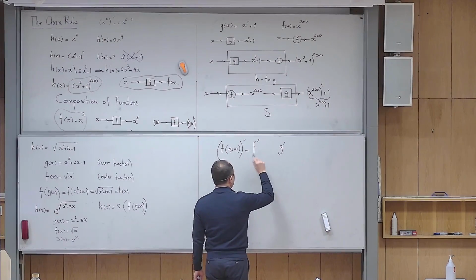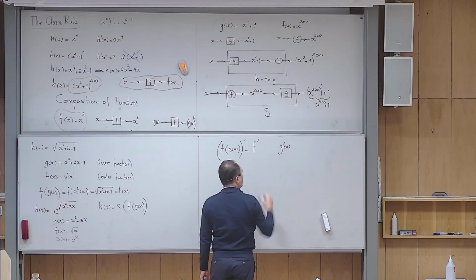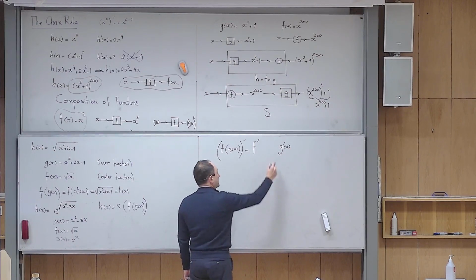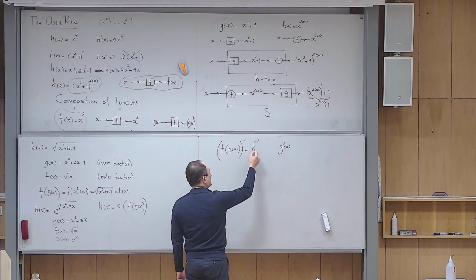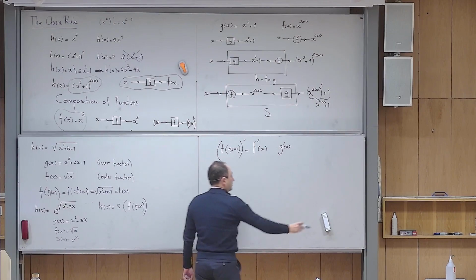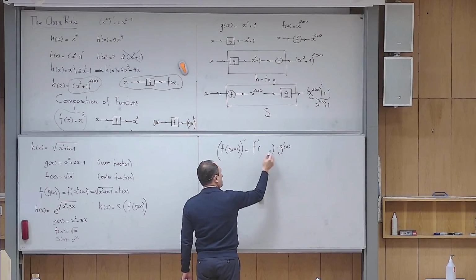But there are some technicalities you have to be careful about. For the inner function, you calculate the derivative g prime of x, but when you calculate the derivative of the other function, you do not write f prime of x. You calculate the derivative of f at the inner function.